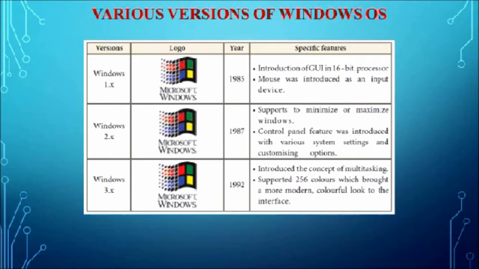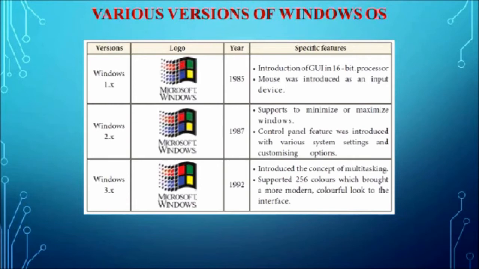which was developed in the year 1985. Here in this version they have introduced the concept of the graphical user interface in a 16-bit processor. In the microprocessor, we have learned that the microprocessor is classified based on the size.